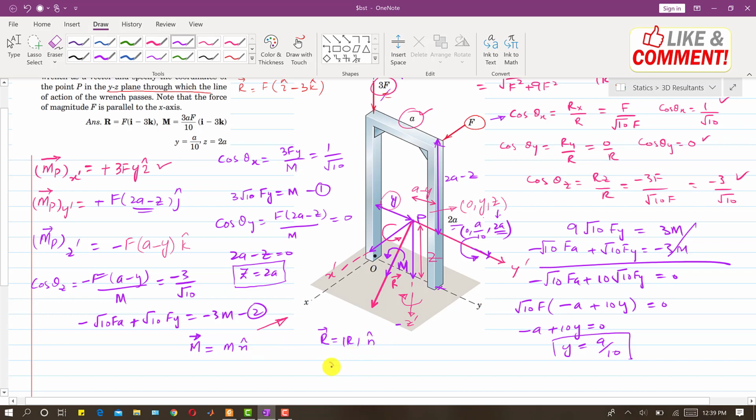so if I write, this will be n equals R divided by R magnitude. And we have two components of the resultant.